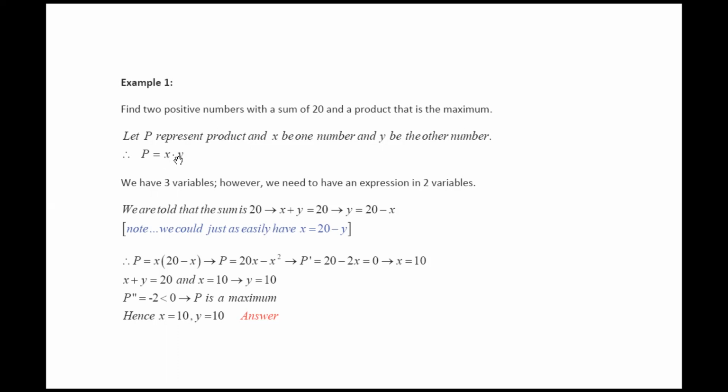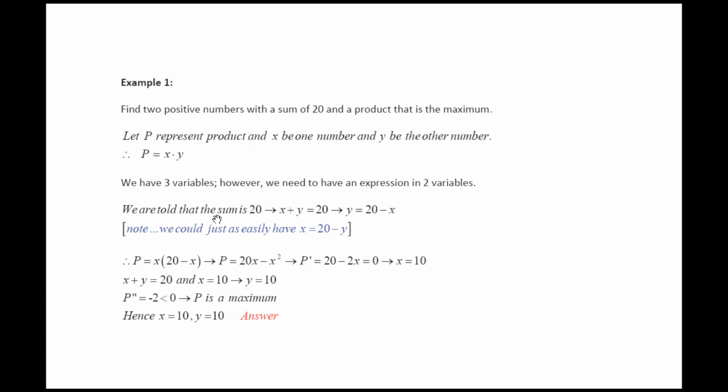We have three variables here. In particular, we have P in terms of X and Y. We would like to have P in terms of either X or Y, but not both. There is a piece of information we have not used yet, and that is the sum of the two numbers is 20.